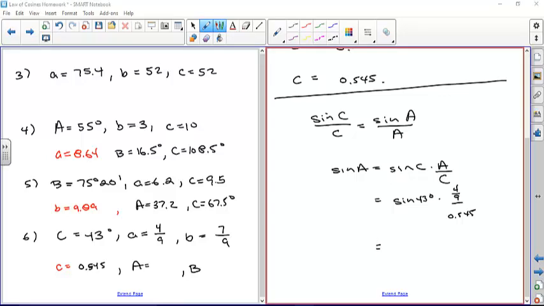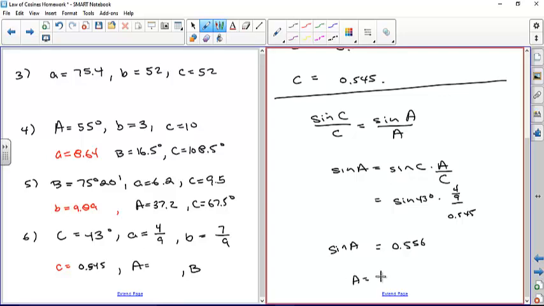Okay, so let's figure out what the sine of angle A is. So we take the sine of 43 degrees times 4 divided by 9 and divided by 0.545. So the sine of A is 0.556.